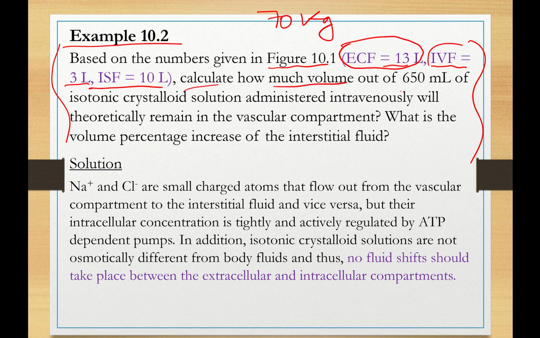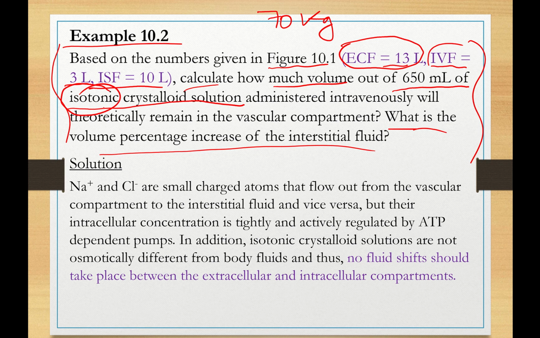Calculate how much volume out of 650 ml of isotonic crystalloid solution administered intravenously will theoretically remain in the vascular compartment. What is the volume percentage increase of the interstitial fluid? Here we're administering an isotonic electrolyte solution.